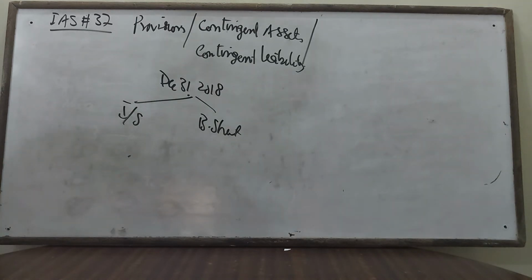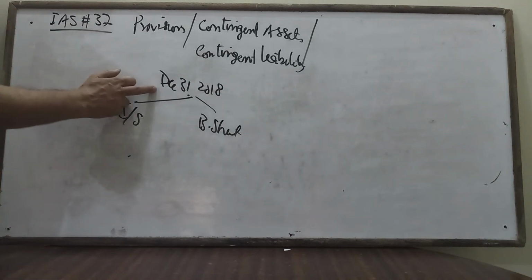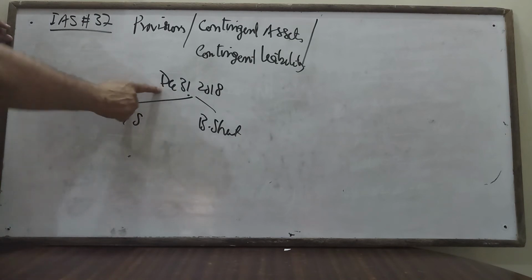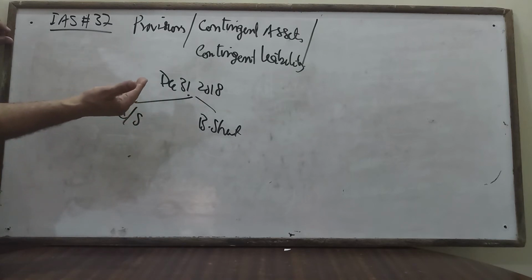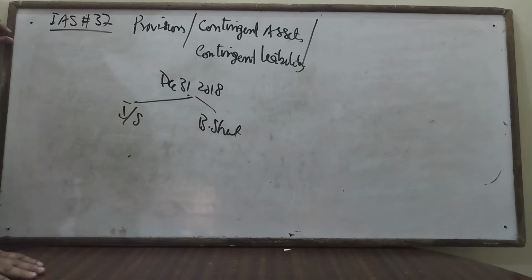There is a lot of chance the company will lose the case. At 31st December 2018, till the end of the year, the case result has not been finalized. The case is still pending. And there is a lot of chance the company will lose the case and will pay the required amount, but this is not confirmed. This is known as contingent.